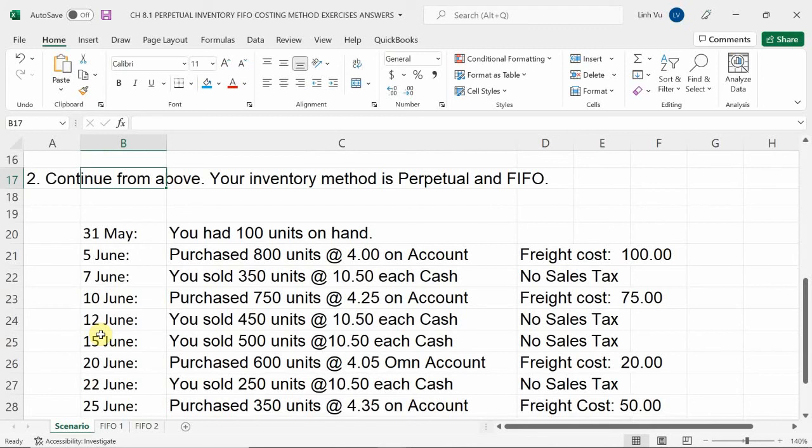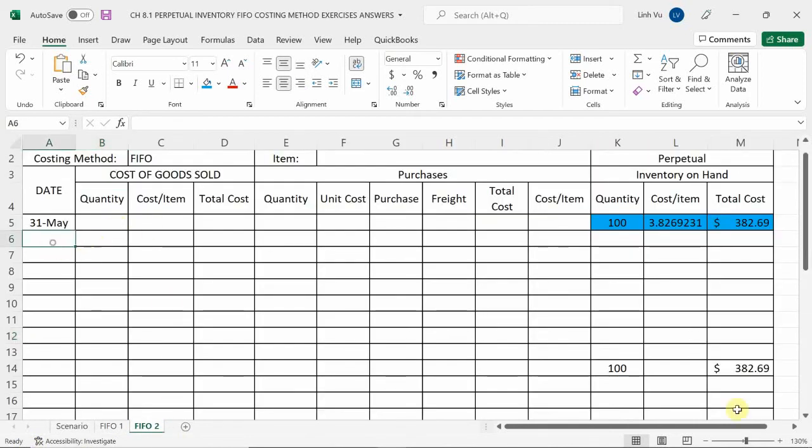Okay, so 800, $4, and freight of 100. Okay, so we're going to pop that in June 5th. We didn't sell anything, so we're going to skip on over, and we said we bought 800 units at $4 each with a freight of 100.